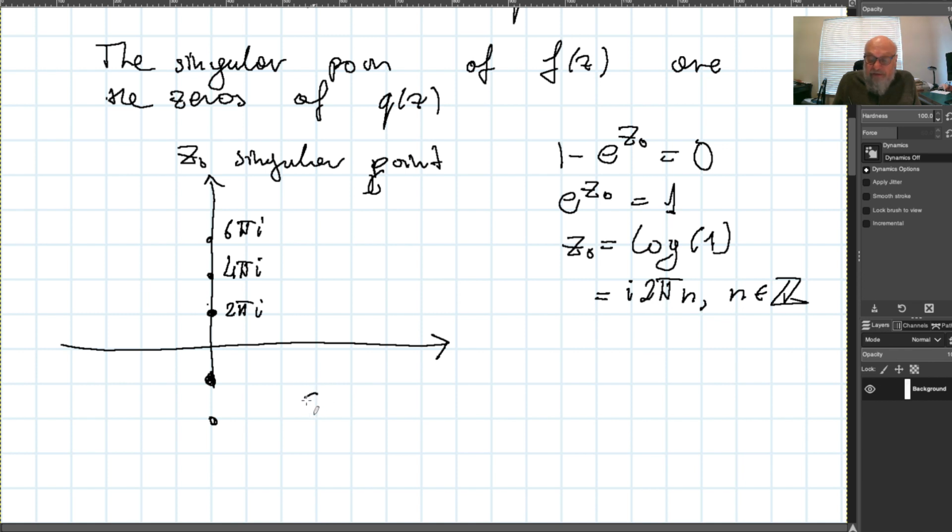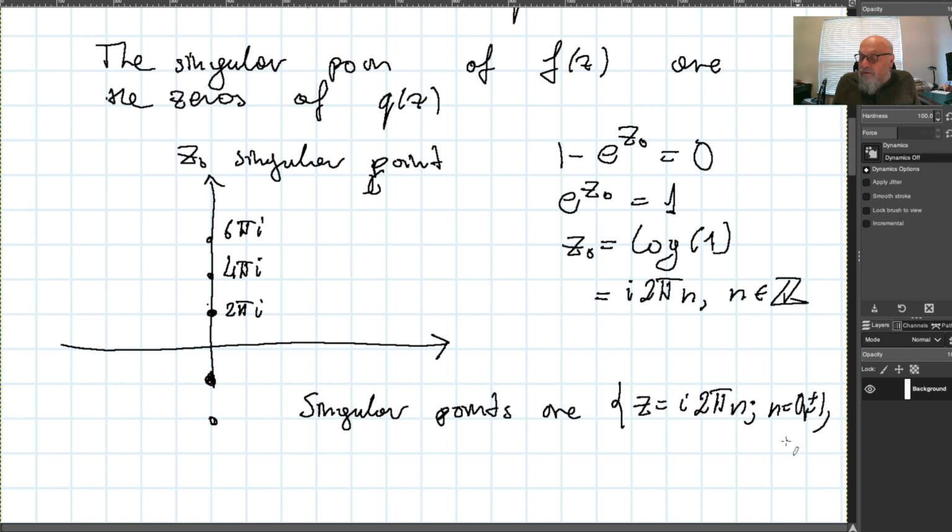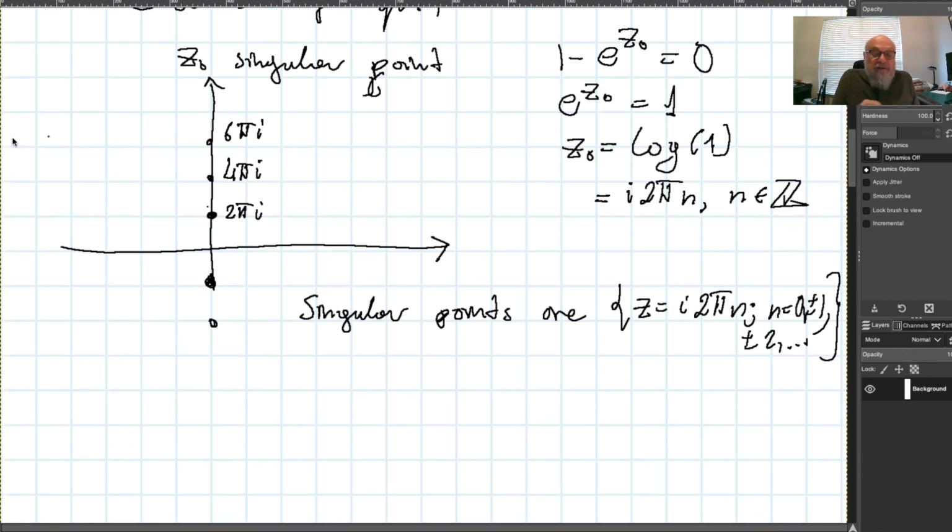Singular points are z is equal to i 2 pi n, where n is equal to 0, plus minus 1, plus minus 2 and so on. So infinitely many singular points. Since they are all separated, they are all isolated singular points.